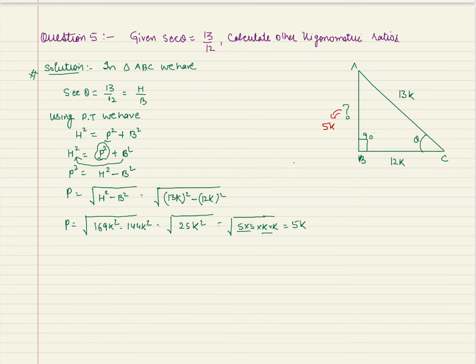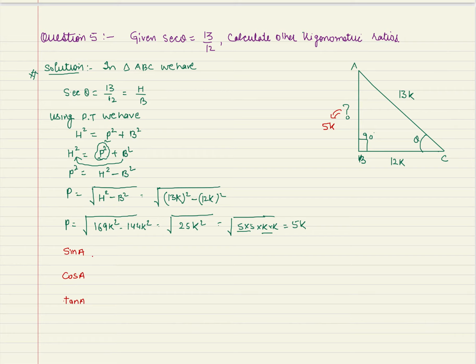Okay. So now in this right triangle, every side is known to you. But it's asked from you other trigonometric ratios. So I will write the unknowns: sine A, cos A, and tan A. These are the basic ratios.